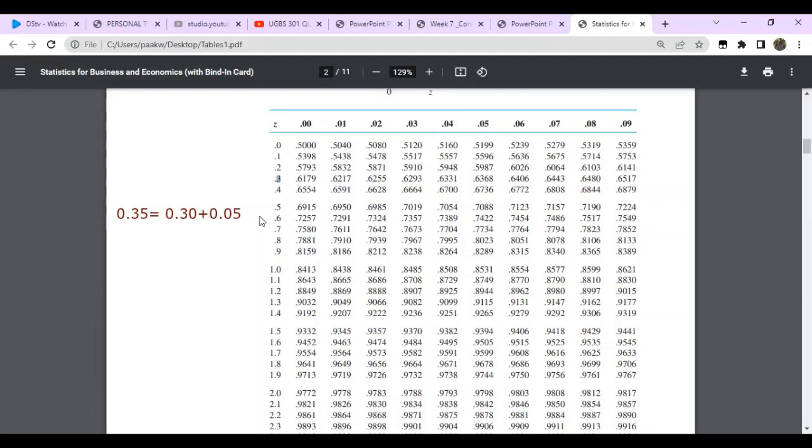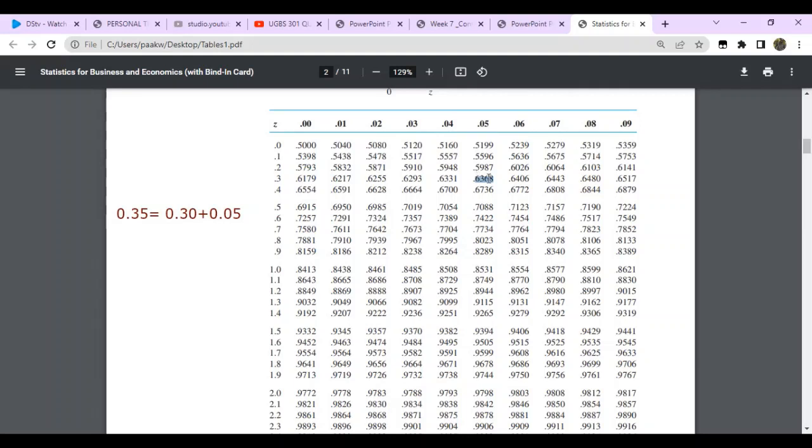So 0.3 plus 0.05, where they meet. So it's here. They meet here. You get it? 0.3 is the same as 0.30 here, then plus 0.05 is the same as 0.05 here.